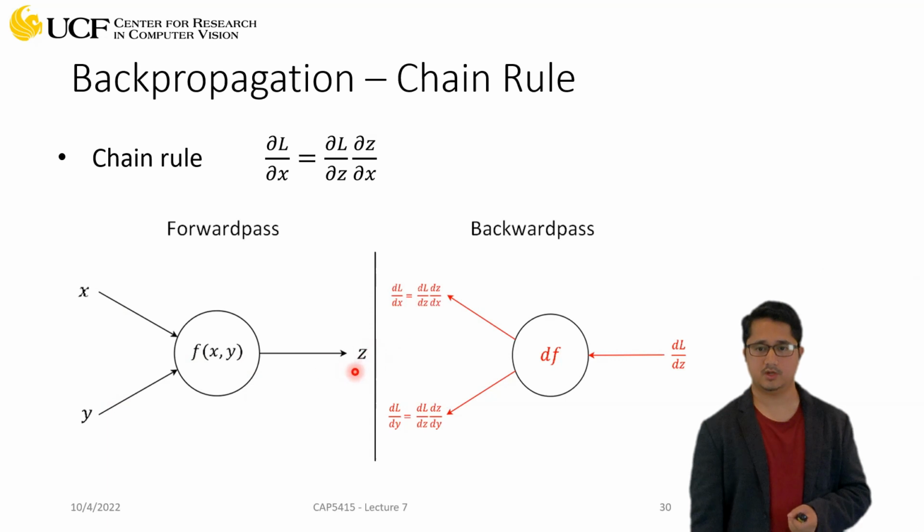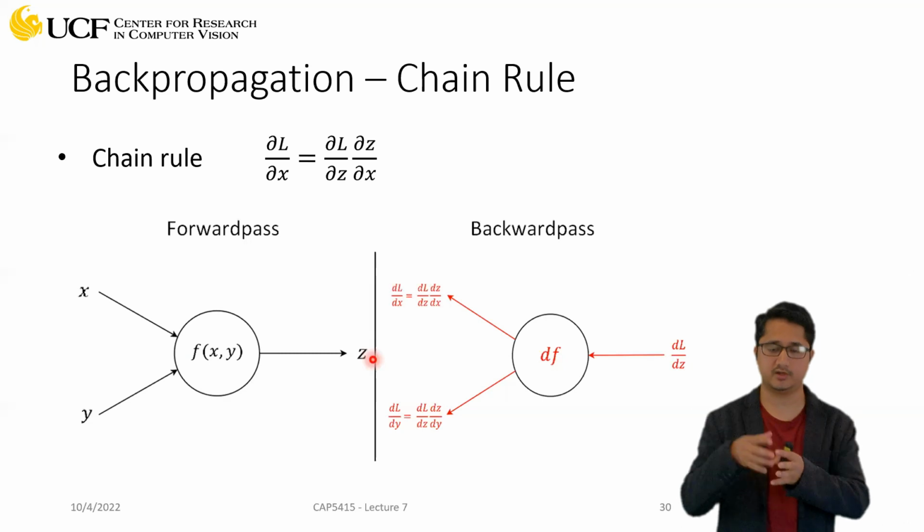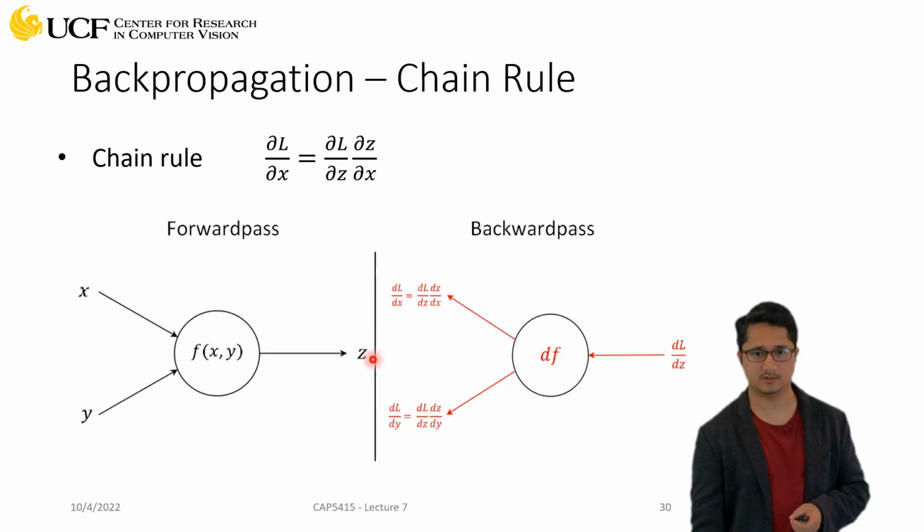Now if this z is being used to compute the loss function, then what you can do is first compute the derivative of the loss function with respect to z, which is easy because z will be used in the loss formulation, right? You can just use derivative equations to compute that partial derivative.